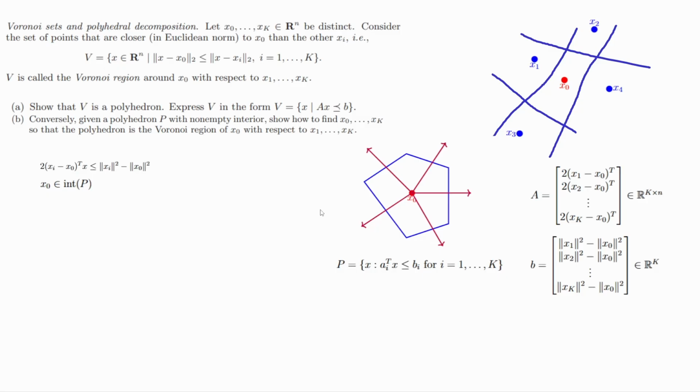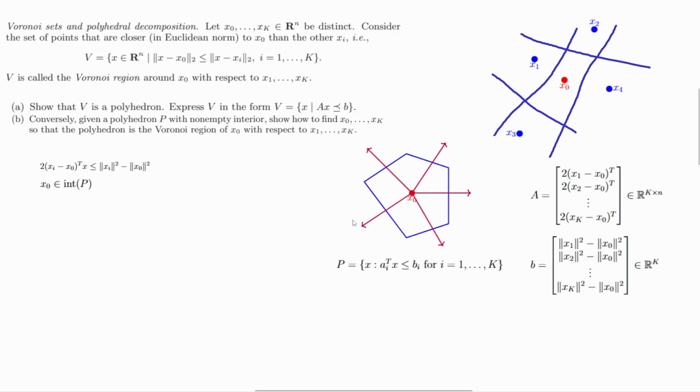Notice from part A, we saw that the perpendicular bisector has a normal vector proportional to xi minus x0. So for the perpendicular bisector to align with face i, we need xi minus x0 to be parallel with ai. In this picture, ai is pointing, let's say, in this direction, downwards and to the left.